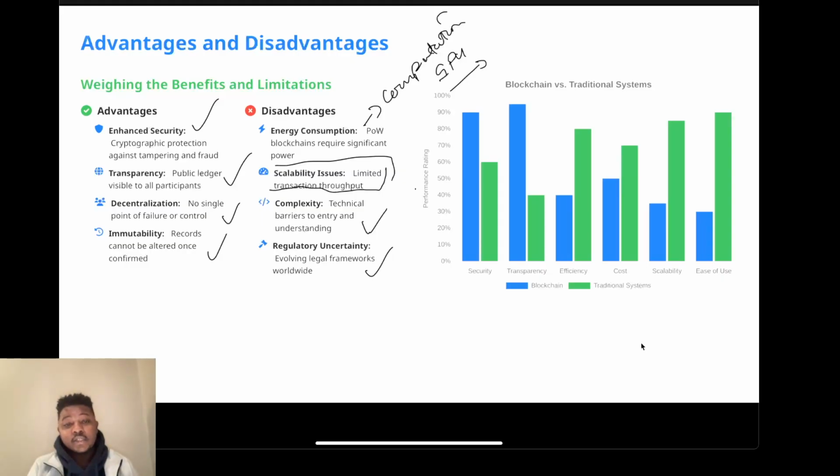Regulatory uncertainty, due to the nature of blockchain: not everybody understands it, not every border understands what blockchain is, and they are not always keen to participate in the use of blockchain, which makes it even more difficult, because the existing regulatory framework cannot be applied to this new technology, as it is decentralized, which means that you cannot control a single entity.